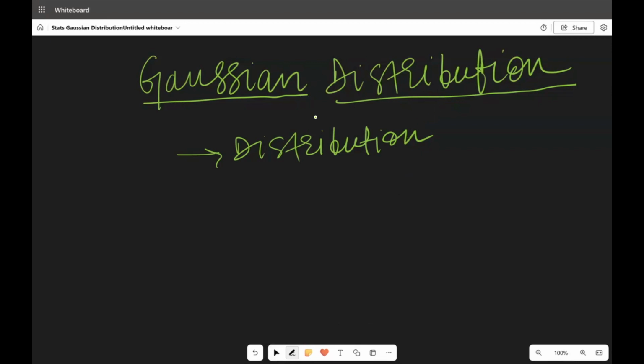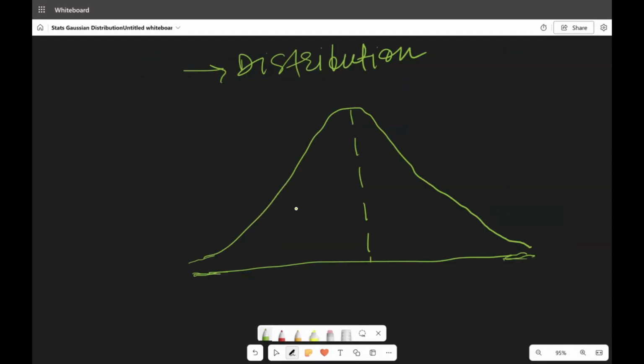So let me draw first one shape. If I draw a shape something like this, so I have drawn this shape. You might have come across a shape like this, which looks like a bell-shaped curve.